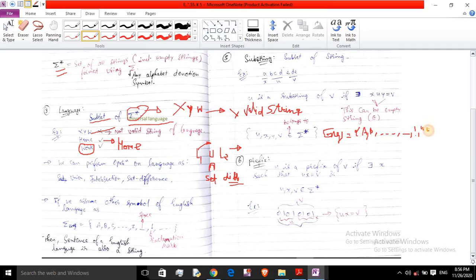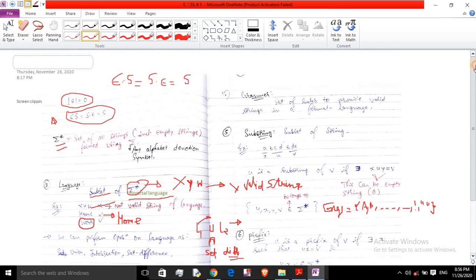So the English language includes many special symbols, including the alphabet. Now look, a sentence of the English language is also a string. Just take an example: I study regularly. This is a sentence of the English language. So it is also a string.